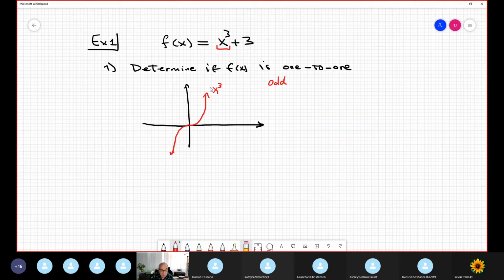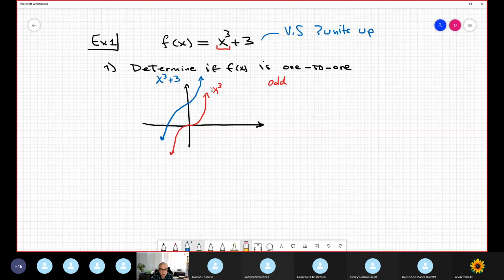So this graph is very similar to this one, the only difference is that it's moved 3 units up. This is the graph that corresponds to x cubed plus 3. Everyone follow me? It's a typical vertical shift 3 units up.